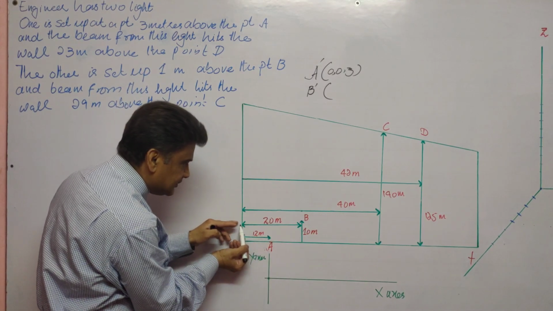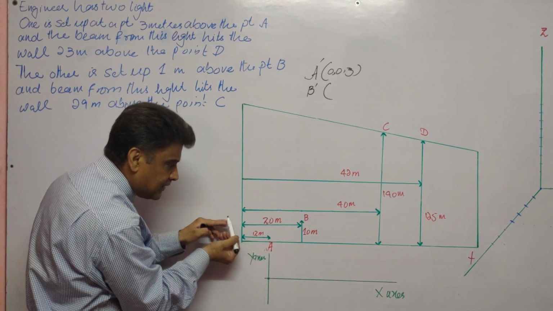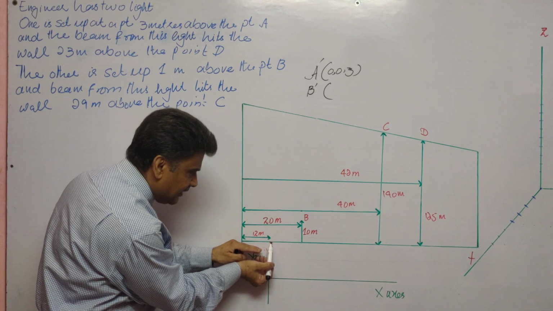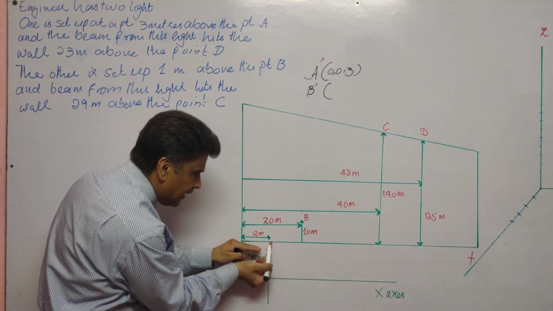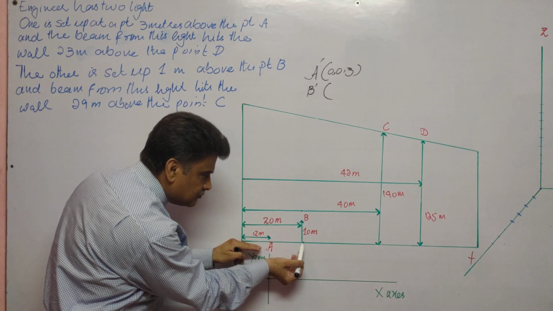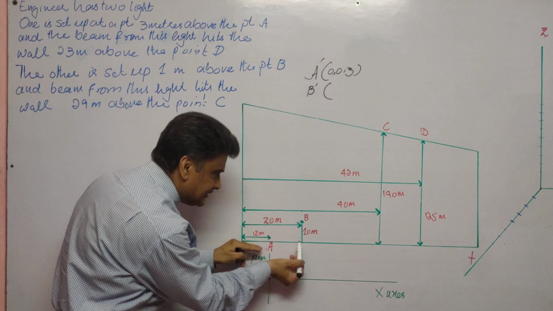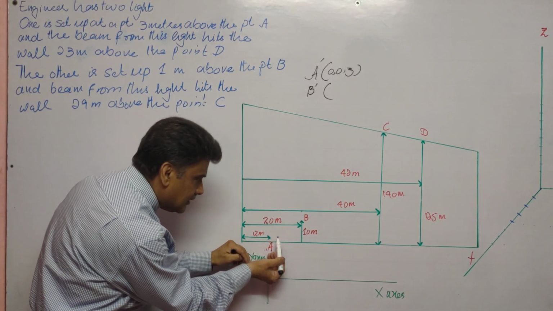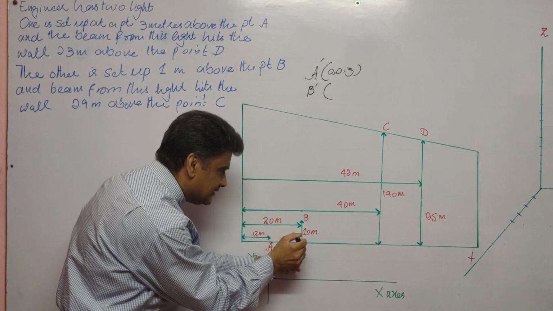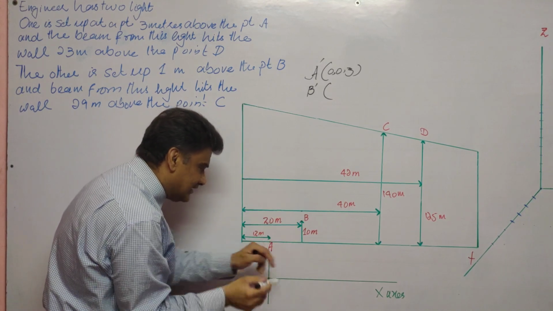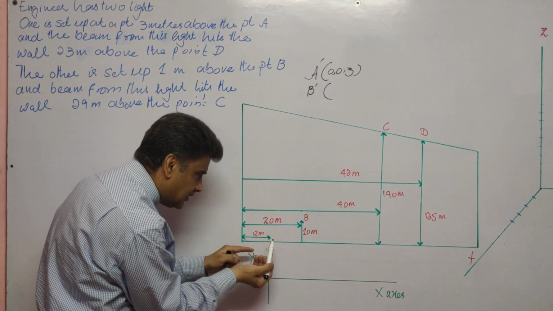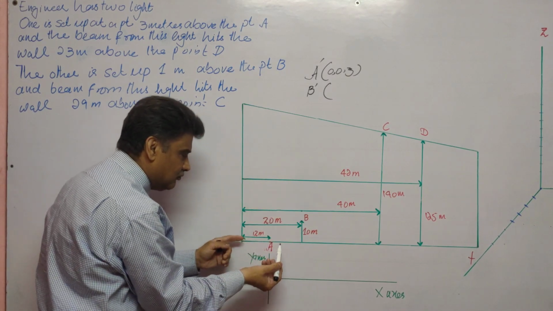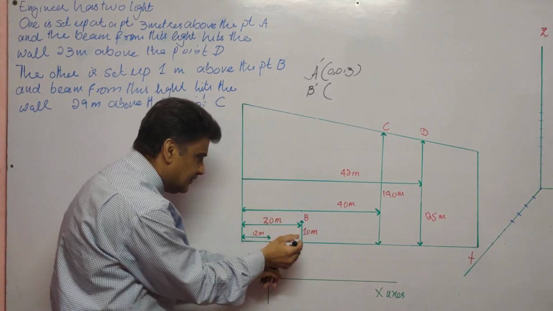The total length from this to this will be 20, and we start from here because A is the origin. This distance from the origin to this will be 20 minus 12, which is 8, so we move along the x-axis 8 meters, and we move along the y-axis 10 meters.